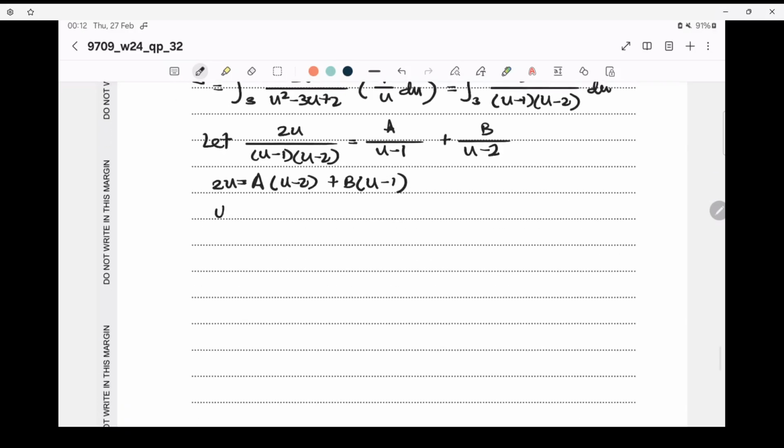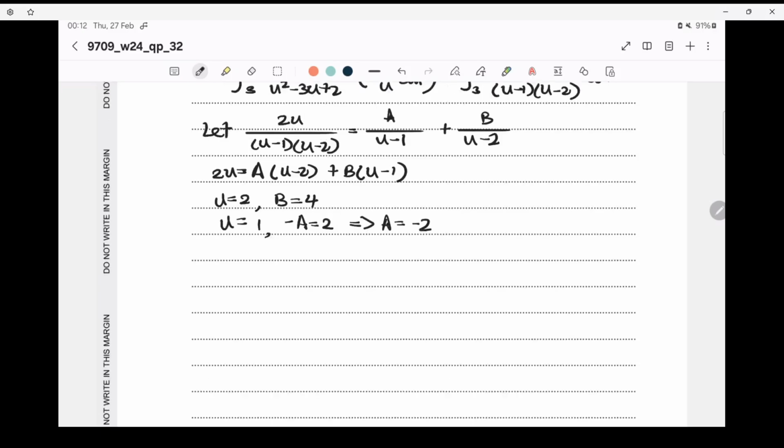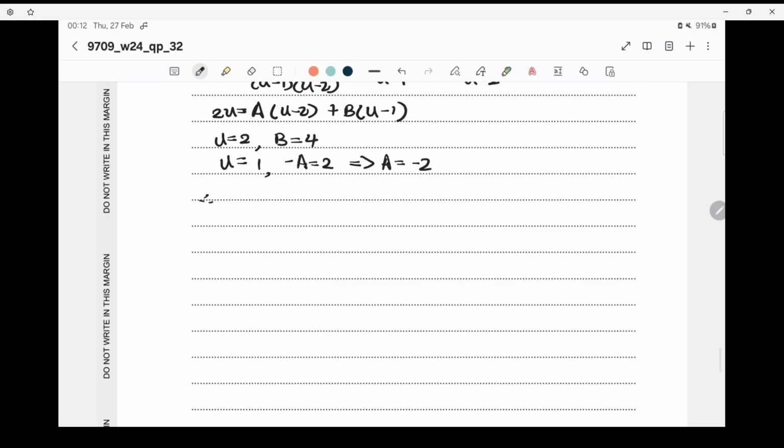So when u equals 2, B equals 4. When u equals 1, minus A equals 2, or A equals minus 2. Therefore, now you integrate from 3 to 5, 4 divided by (u minus 2) minus 2 divided by (u minus 1) du.